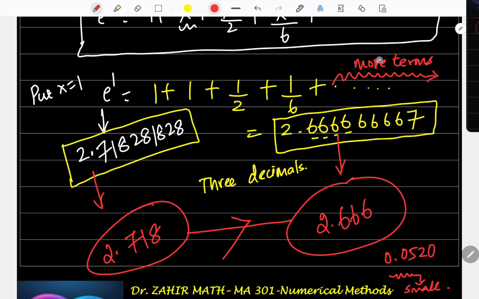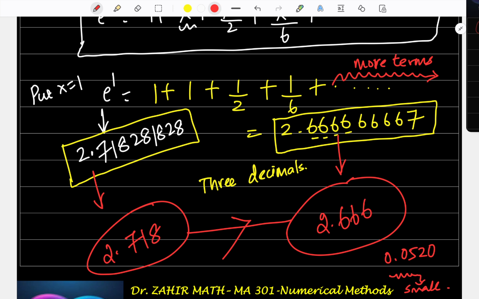Okay, everybody? So this is the basic introduction about relative error, absolute error, truncation error, rounding error, chopping error, and computer error, and how to approximate the function error also we studied in the first one.